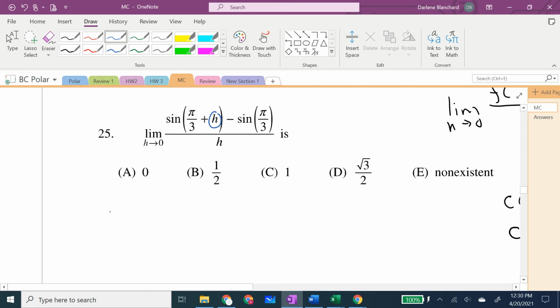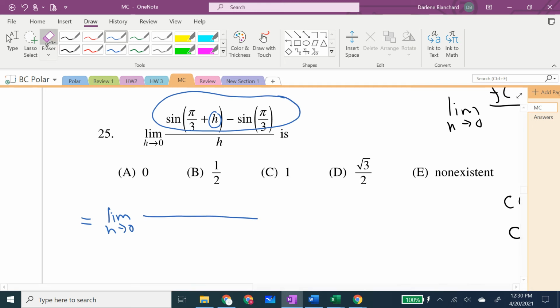Move on. That means the limit as h approaches 0 of the derivative of the numerator with respect to h. Do you see any h's there? In fact, that's a constant. Derivative is 0.